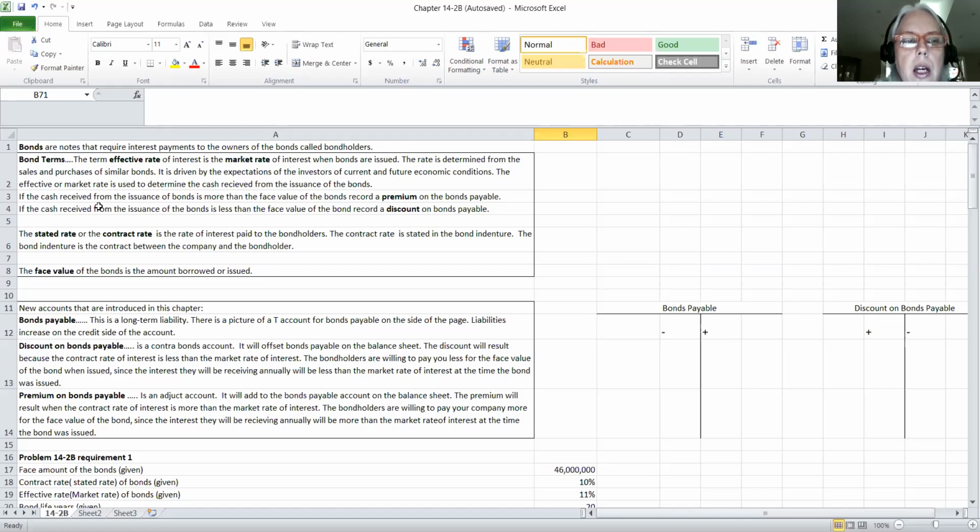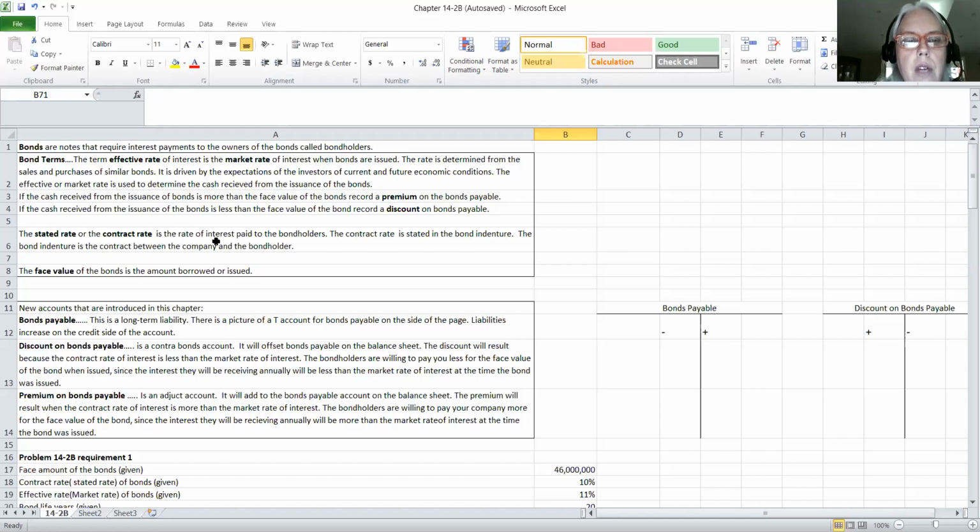If the cash received from the issuance of the bond is more than what we call the face value of the bonds, we record those bonds at a premium. In other words, when we sell our bonds, there might be a difference between the market rate of interest, which is what the bonds are selling for currently, and the stated rate of interest, which is also known as the contract rate of interest.